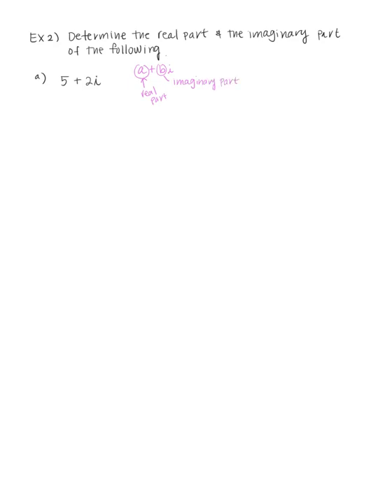In this case, which one is the real part? I think 5 is the real part, and then 2 must be the imaginary part. So I'm going to answer that the real part is 5, and the imaginary part is positive 2.